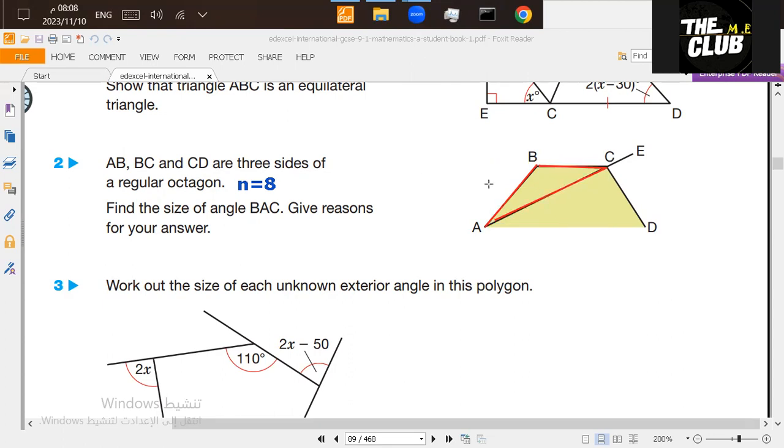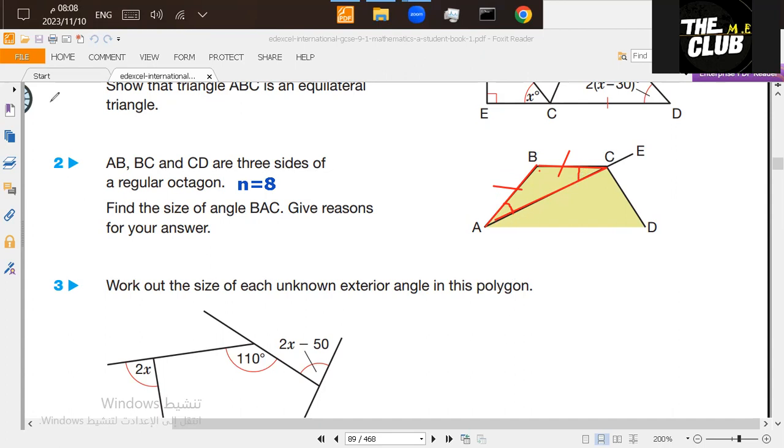So it's an isosceles triangle. So this line is the same as this line. It means the base angles are the same. So if I find this, I will subtract it from 180 and then divide it by 2 so I can find the angle BAC. Now let's do the work step by step.